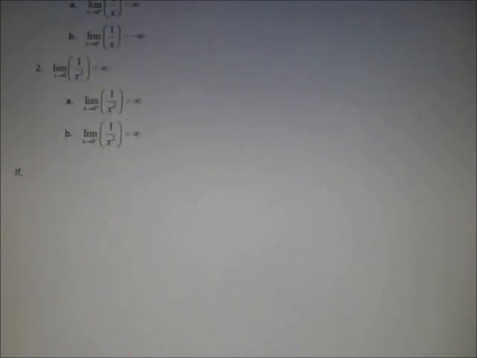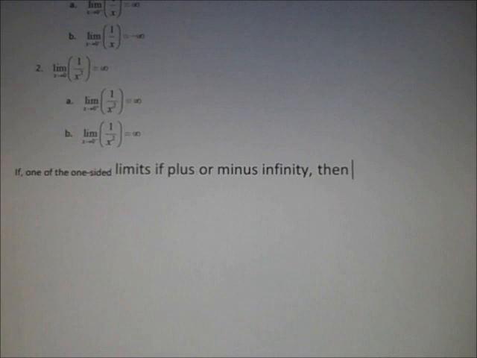So if one of the one-sided limits is plus or minus infinity, then you have a vertical asymptote.